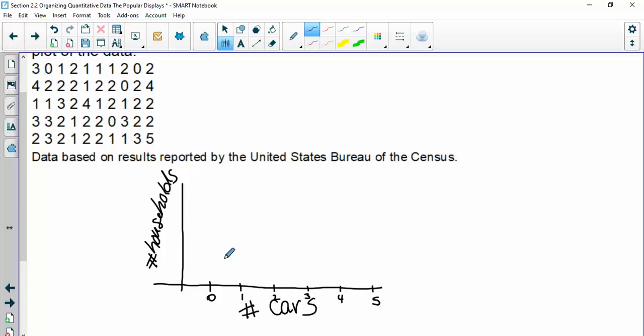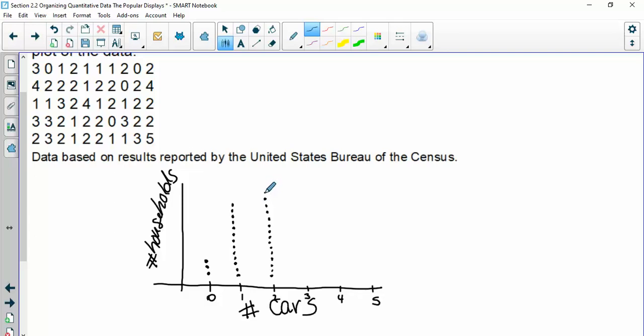Okay, how many had 0 cars? Looking back where we counted them, 3. So you would just have 3 dots. You would want to ideally try to space those equally. The number that had 1 car, 13. Two cars, 22.